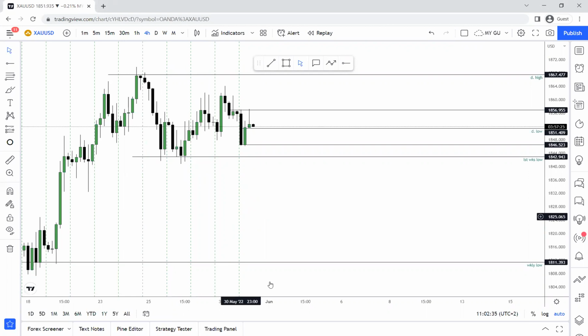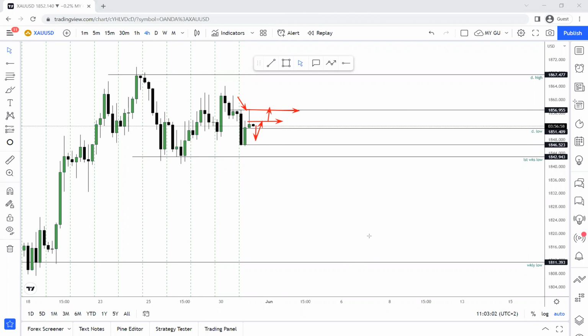Price might want to come down for a retest and then pull back up, leave a wick, and give us a wick fill. This is a strong rejection, yes, we understand, but price will want to come and retest this high. If it doesn't come back to retest this high now, it will come back during the New York session.